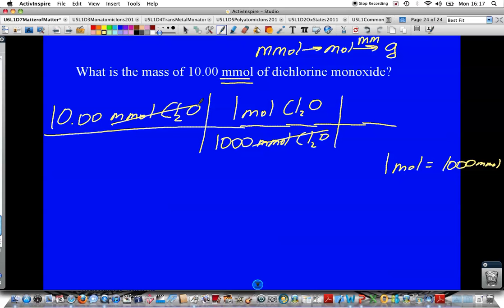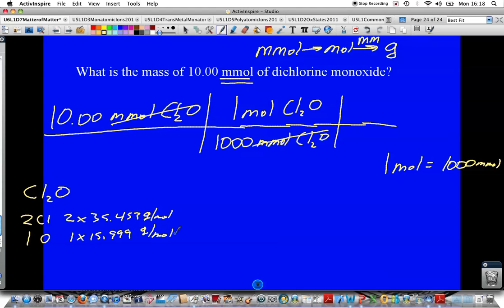So I have to calculate the molar mass of dichlorine monoxide, so Cl2O, so 2 chlorines. So it's going to be 2 times the molar mass of chlorine, which is 35.453 grams per mole. And then 1 oxygen, so 1 times 15.999 grams per mole. We calculate that out, add them together, and we get 86.905 grams per mole.